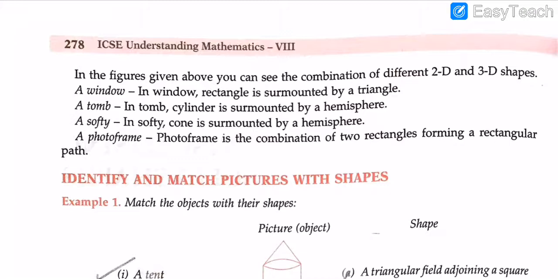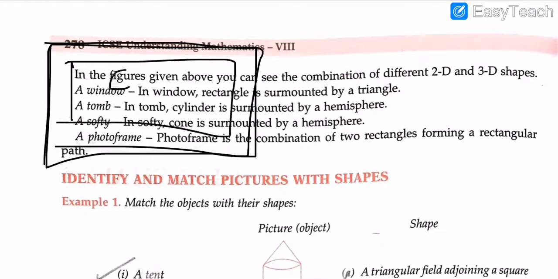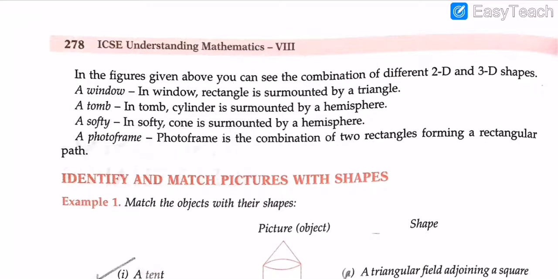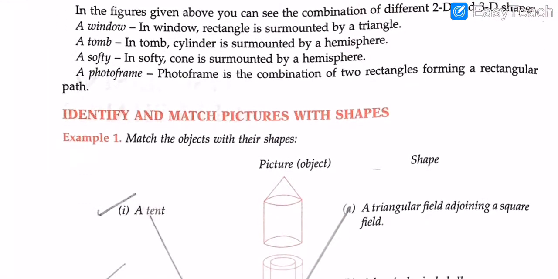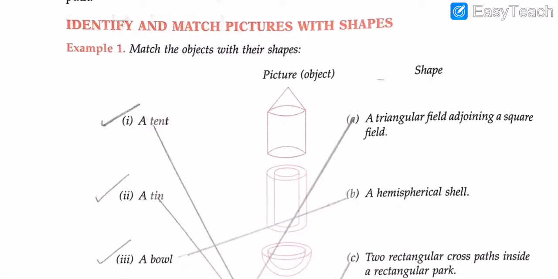A photo frame is the combination of two rectangles forming a rectangular path. If you ever see a photo frame, you'll see there's one big frame, and then one more frame where you keep your photo, your big family photo, or any other photo. So that is how a photo frame is made. So there are different combinations of different 2D and 3D shapes, as you all saw.